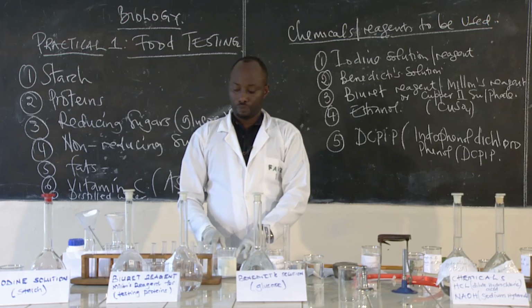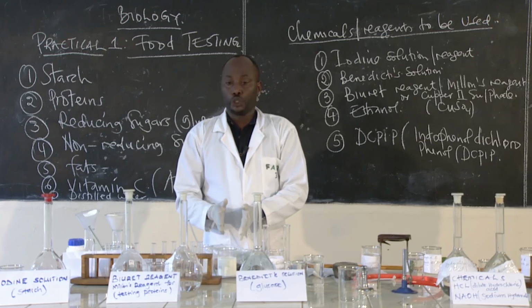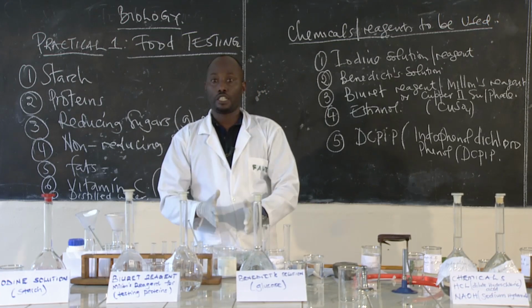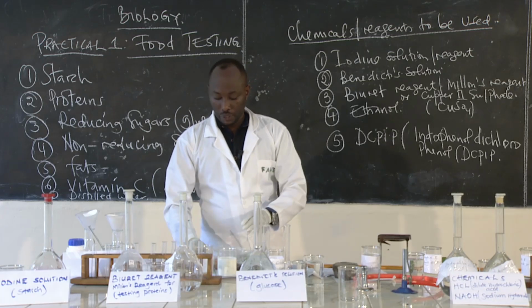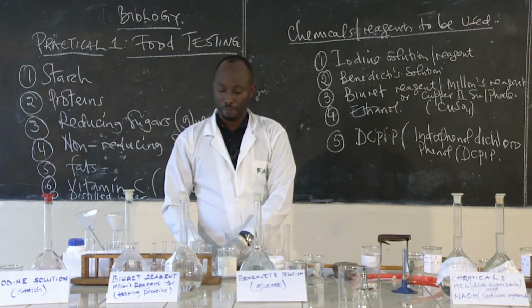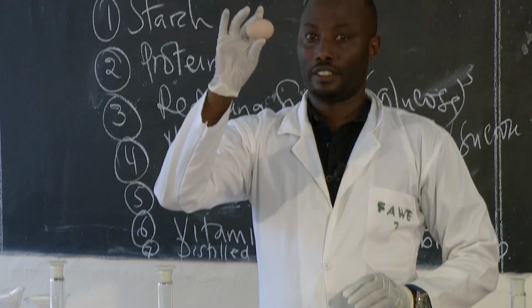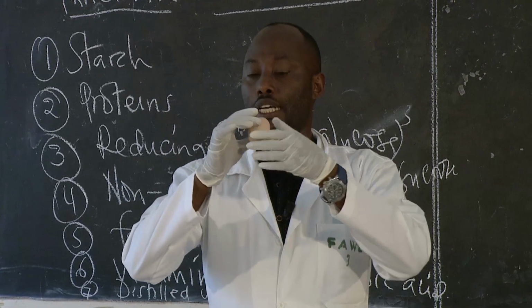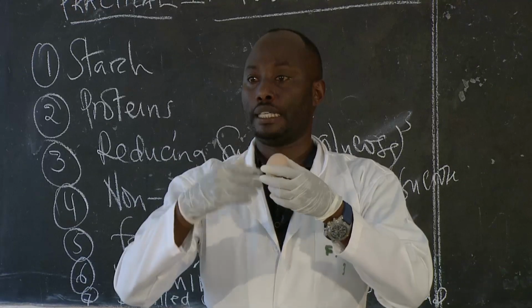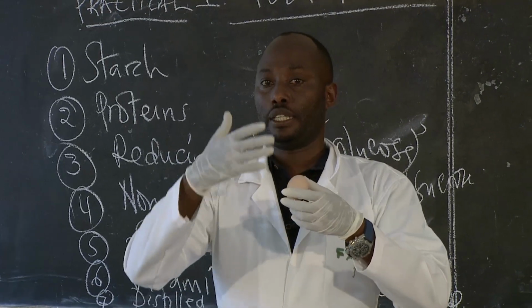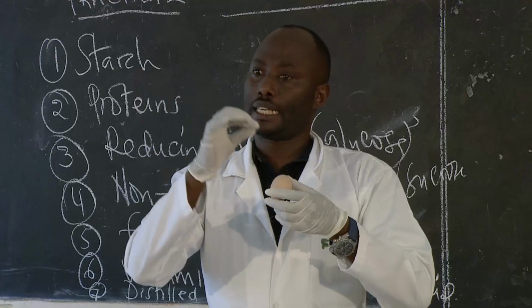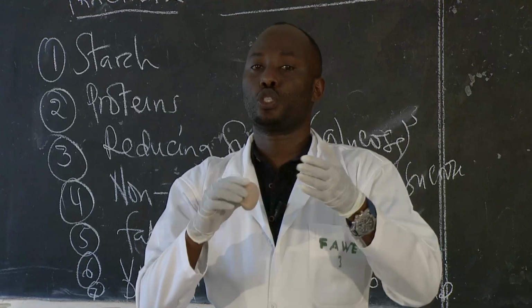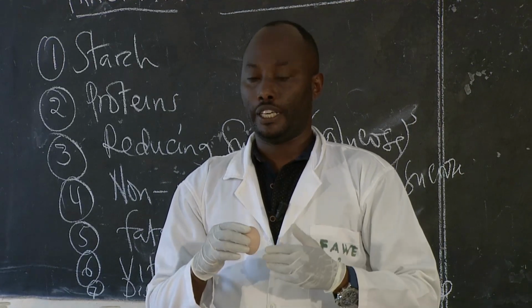Table 2. This is sample 1, and this is sample 2. In sample 2, I have something very interesting. What is this? An egg. What does egg contain? We normally say the egg is made up of the yolk and the egg albumin. So I'm going to extract the egg albumin and use it to test the presence of protein in the egg.